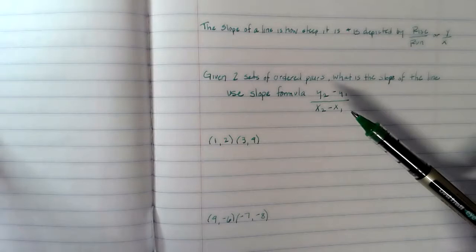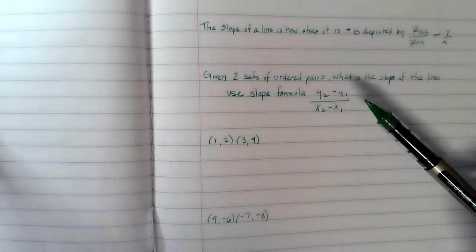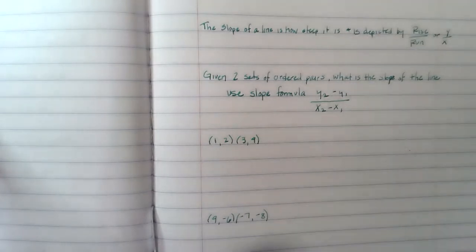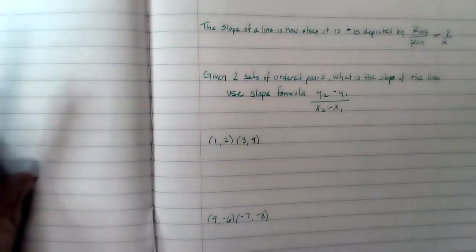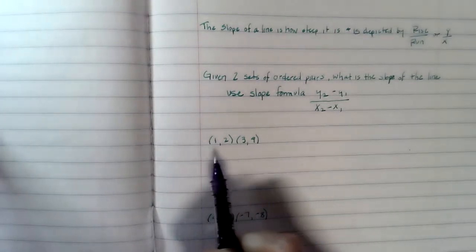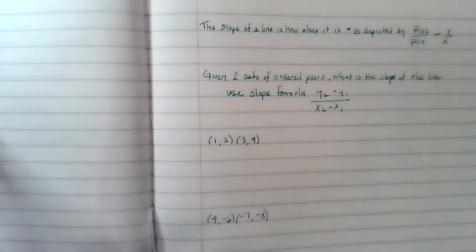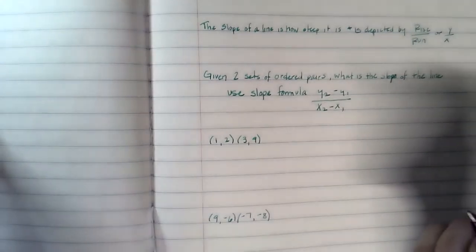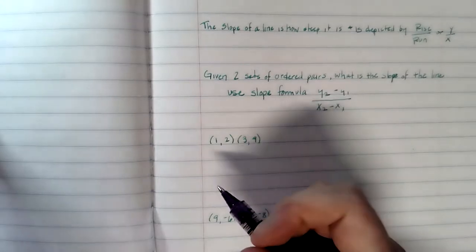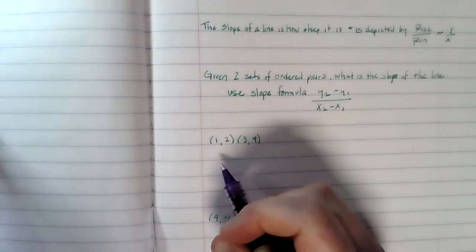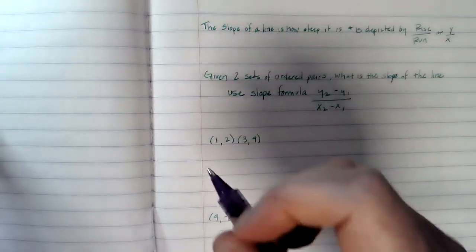Now I want to use the slope formula, y2 minus y1 over x2 minus x1. This works great when we've got two sets of ordered pairs, which is what these are. Sometimes they'll be referred to as coordinates, ordered pairs, and you always use them in graphing. So the first thing we're going to do, we look at this, we've got 1 and 2 and 3 and 9.